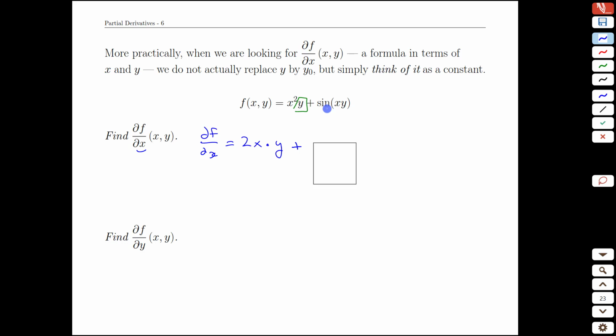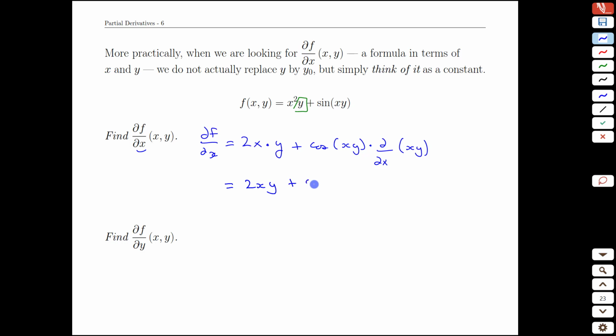Then the derivative of sine of something is going to be cos of the same thing, and then times the derivative of the inside with respect to x. I'll actually do this explicitly here, though with some practice we skip over the step. We take the x derivative of x times y.